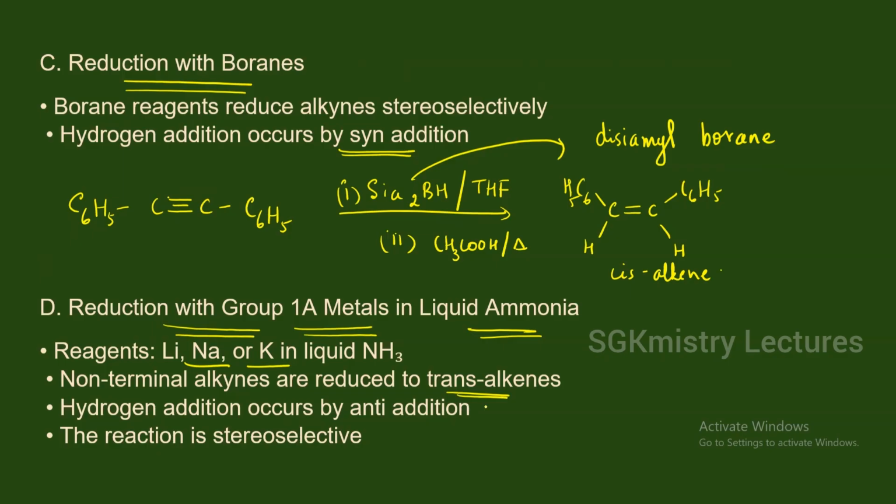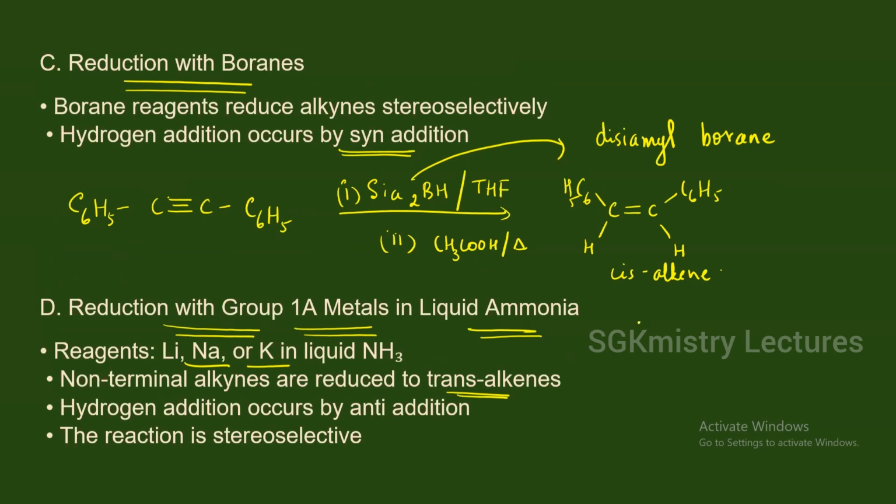This particular reagent is also used to stop the reduction process at the alkene level. Again the further reduction to alkane does not take place, but here you should clearly remember that the alkene produced is the trans alkene. So let us write the reaction here itself.